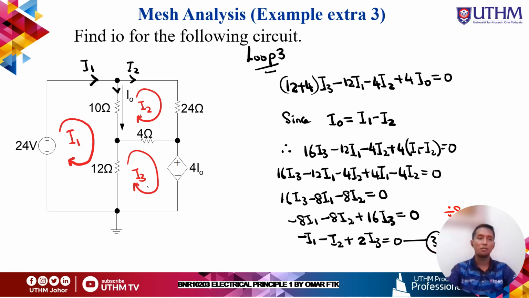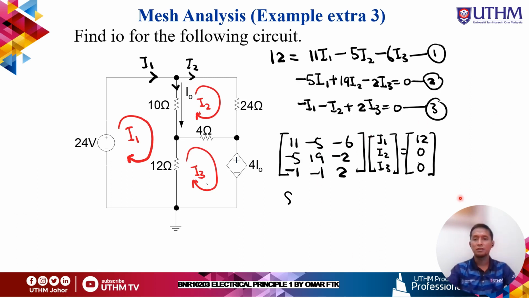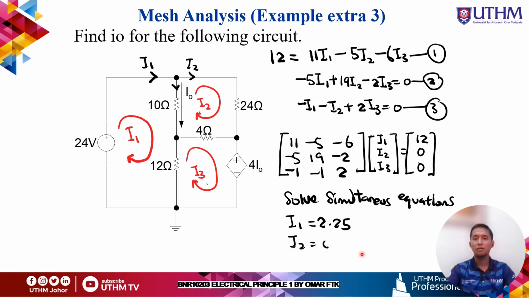So from the first equation, second equation, and third equation, you can use a calculator or simultaneous equations to calculate the I1, I2, and I3. Okay, so now from this we can find that I1 is equal to 2.25, I2 is equal to 0.75, and finally I3 is equal to 1.5.